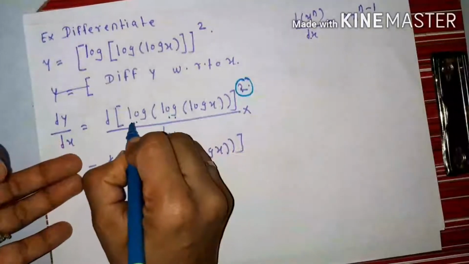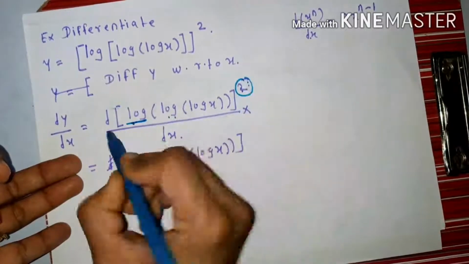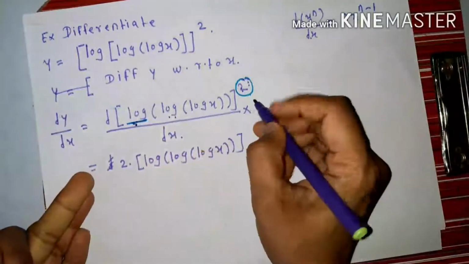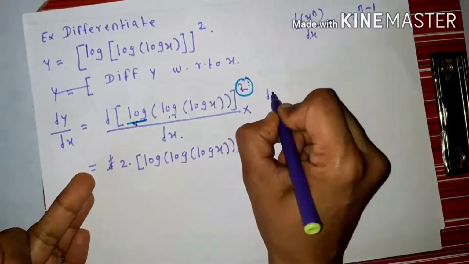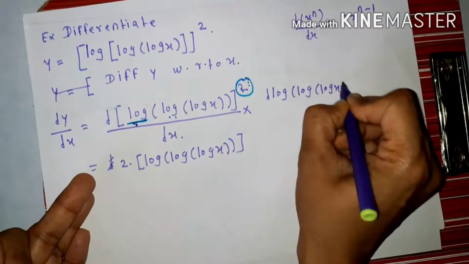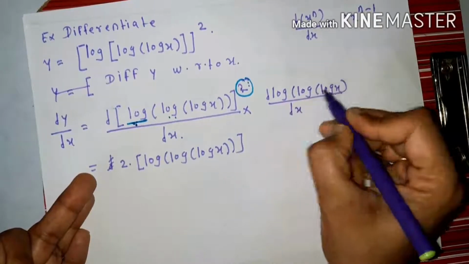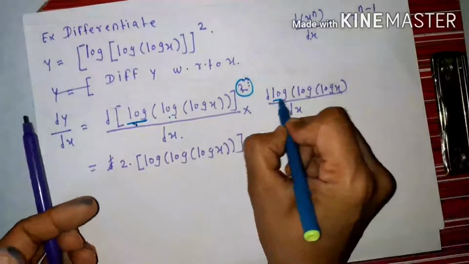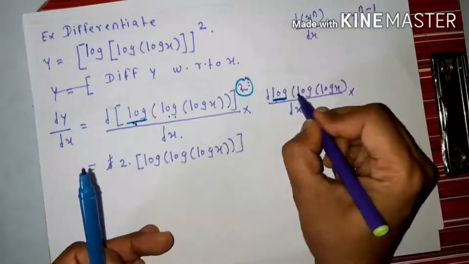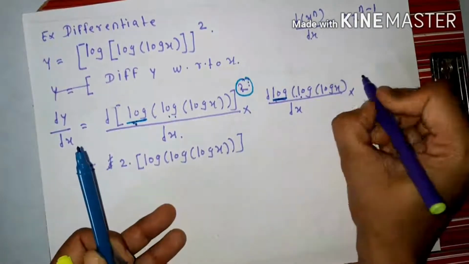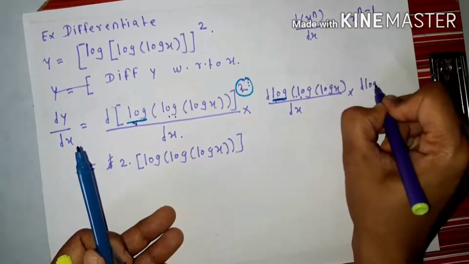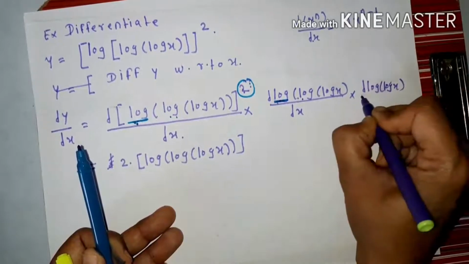Now into the outermost function, means immediate to power function, the outermost function is log, and according to this log we will differentiate, that is into differentiation of log x with respect to x. Means here we will differentiate according to this log. Now again immediate to this log, into differentiation of log x with respect to x.